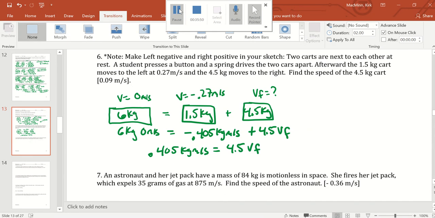I now have to divide both sides by 4.5 kilograms to figure out that final velocity. When I do that, I get positive 0.09 meters per second, in which case the 4.5 kilogram cart is going to be moving right at 0.09 meters per second.